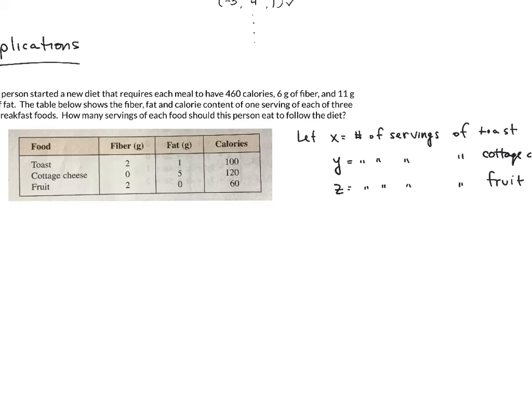So if we're going to have 3 different equations that contain all 3 variables, in this case toast, cottage cheese, and fruit, it would be wise to have an equation that just describes fiber of each of the 3 foods, and then a second equation that contains the fat content of all 3 foods, and then a third equation that has the caloric content of all 3 foods. So equation 1 would be fiber.